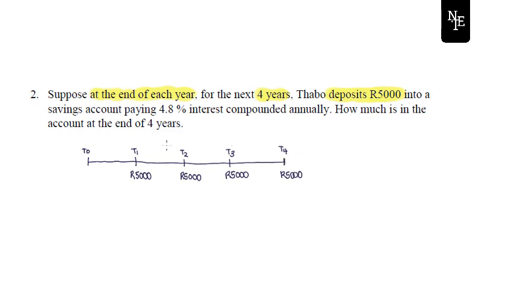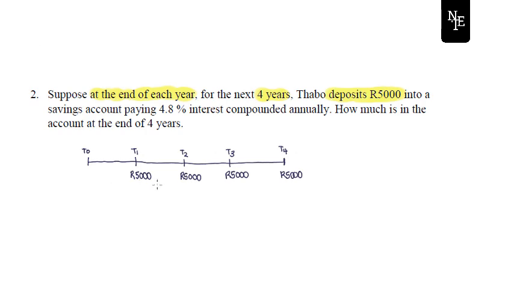Okay. So now let's just go about this a different way. Let's not think about the future value formula for now. Let's just think about each of these 5,000 Rands being invested in this account for a certain amount of time. So let's start with this first 5,000 Rand.